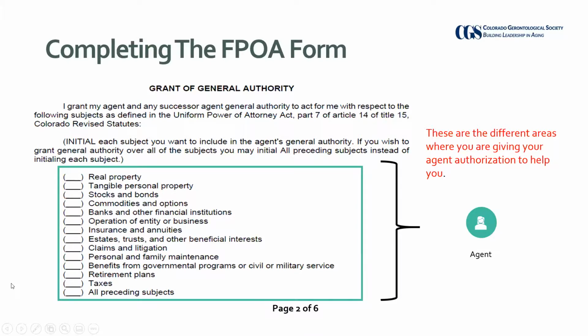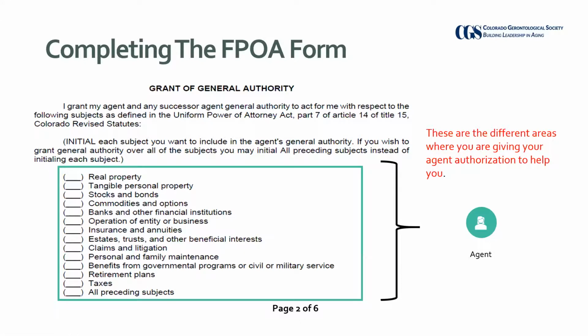Other individuals, if they don't have certain things like a business, then they put their initials on each. And if they don't have a business, then they don't include that. So this is where you get to tailor it according to what type of supports you want from your agent.